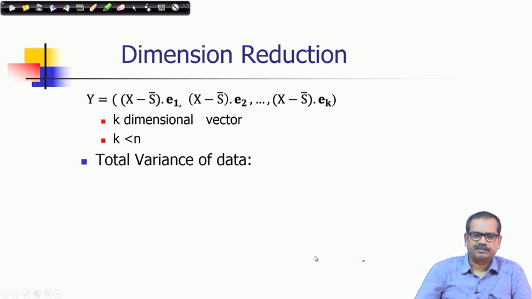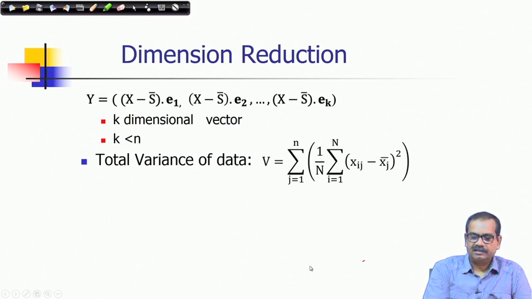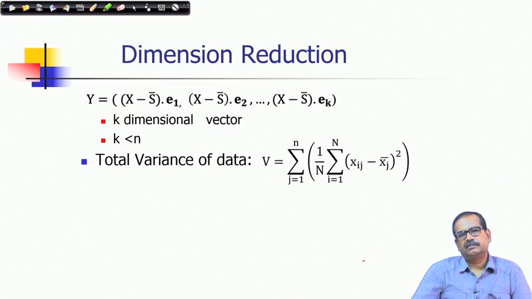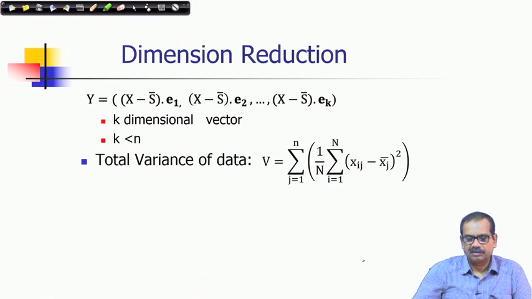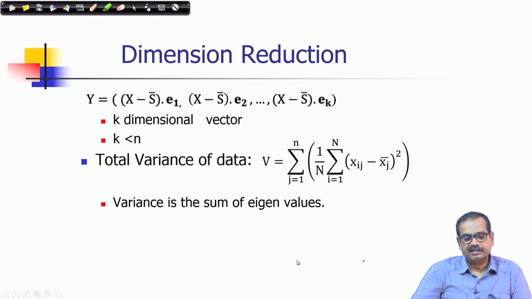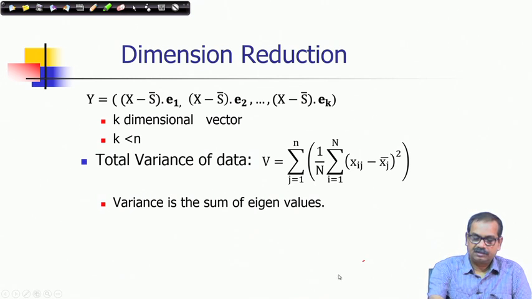So, the total variance of data can be represented as the sum of variances of each component. There are small n components. So, you consider the variance of each component, and that would give you the total variance of data. So, variance is the sum of eigenvalues.